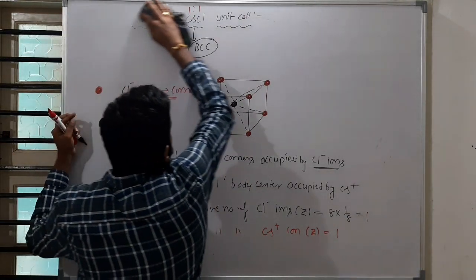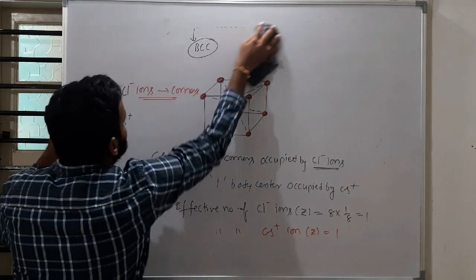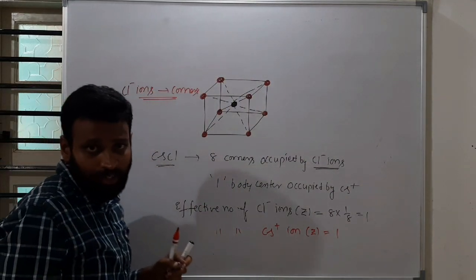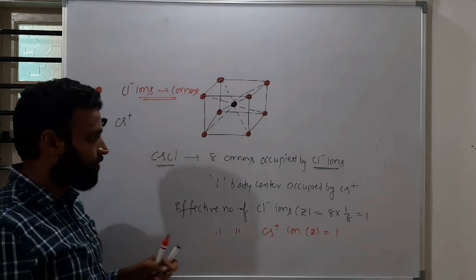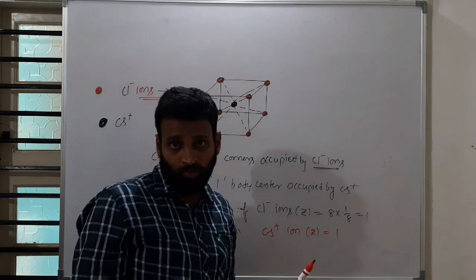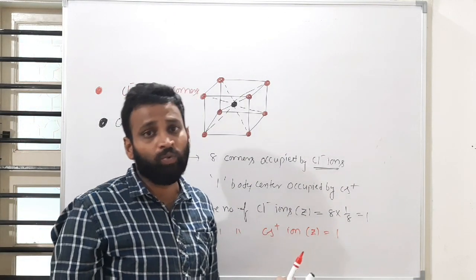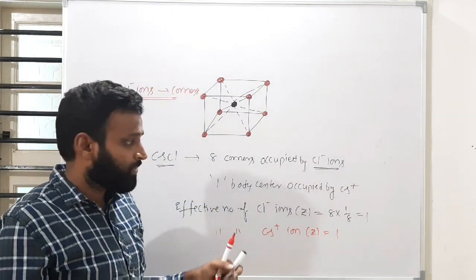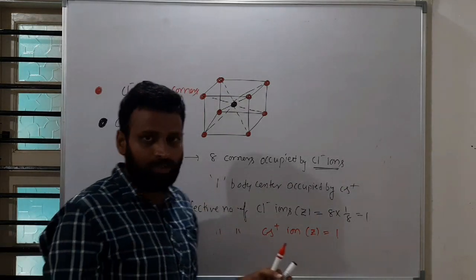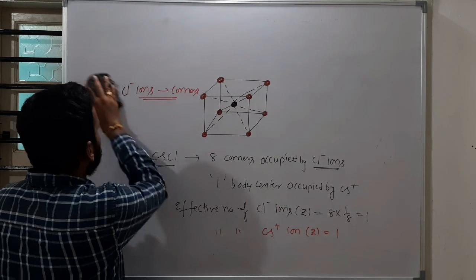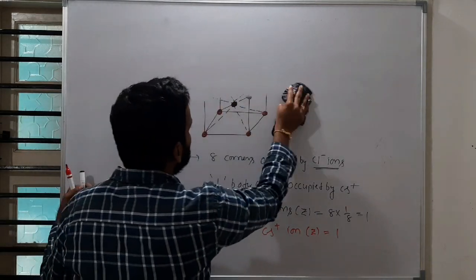Okay. So same kind. You have to take a screenshot. Cesium chloride has what structure? Body centered cubic. Effective number of atoms how many? Means total 2, because body center. Effective number of atoms total how many? 2. Get it? So these are very, very important for us.